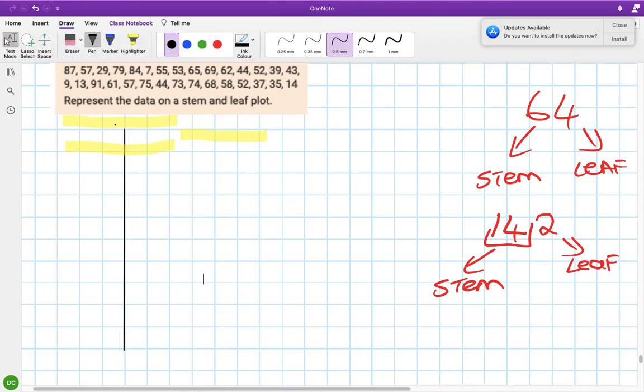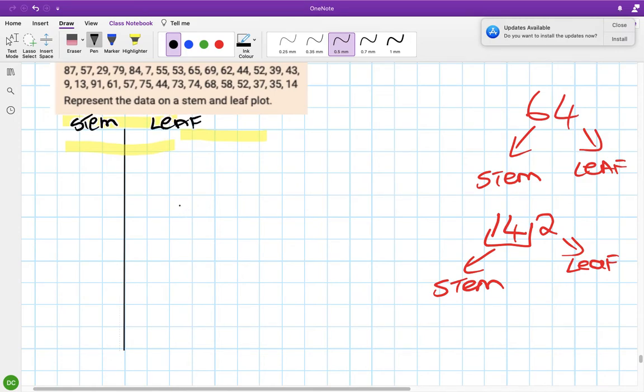So on this side, we're going to put the stem, and on this side, we're going to put the leaf. Okay. So the smallest number in that list there, I think, is 9. Sorry. The biggest number, 87. Anything bigger than 87? Oh, 91. Okay, I think that's it. So like I said, you have to split the numbers in two.